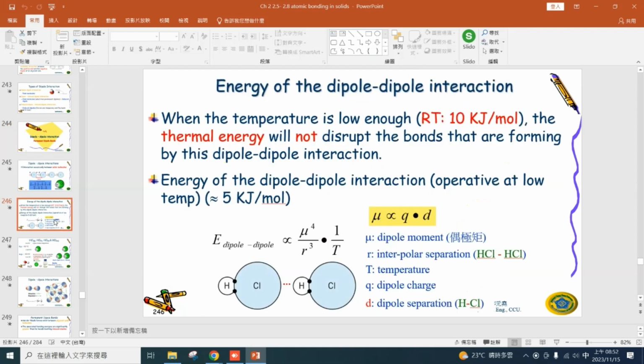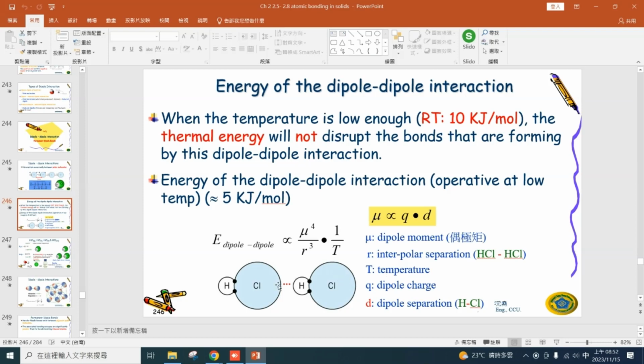We used the case of hydrochloride, and we know that the bonding energy is related to the distance between molecules and the distance between atoms. These are important for you to know.